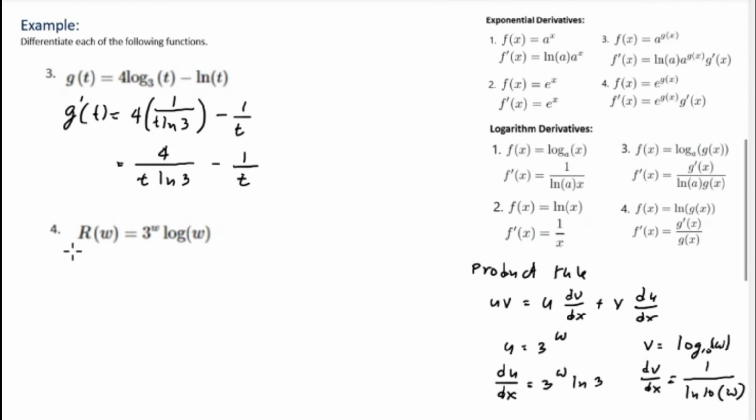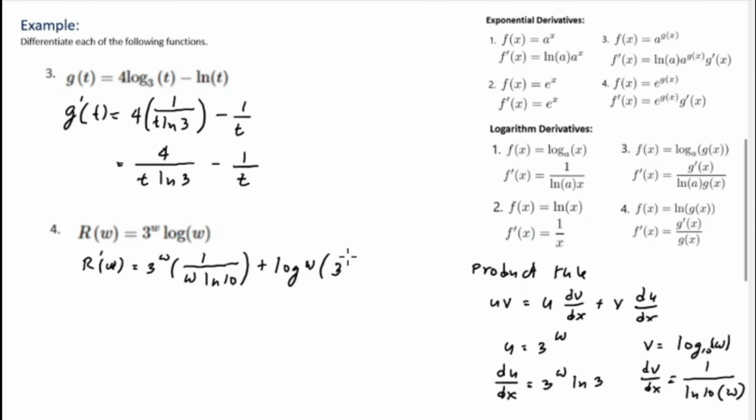And we go to the derivative r'(w), which is equal to, by the product rule, u, which is 3^w, times dv/dx, which is 1 all over w ln of 10, plus v, which is log w, multiplied by du/dx, which is 3^w times ln of 3.